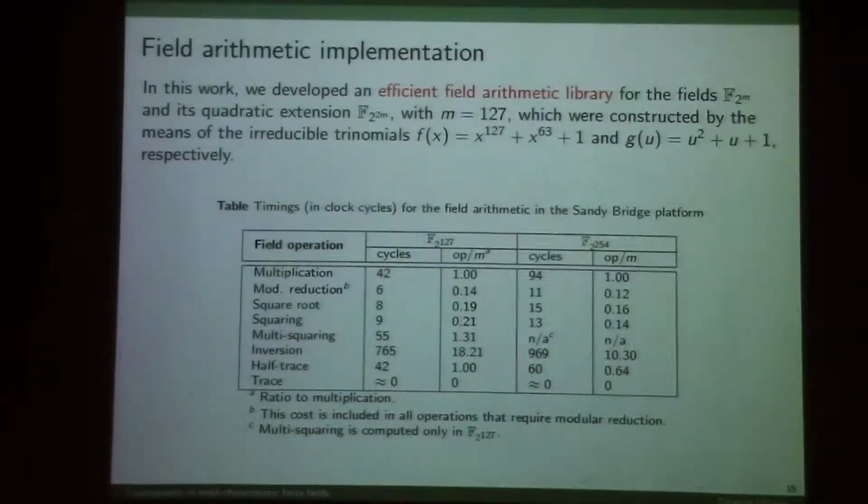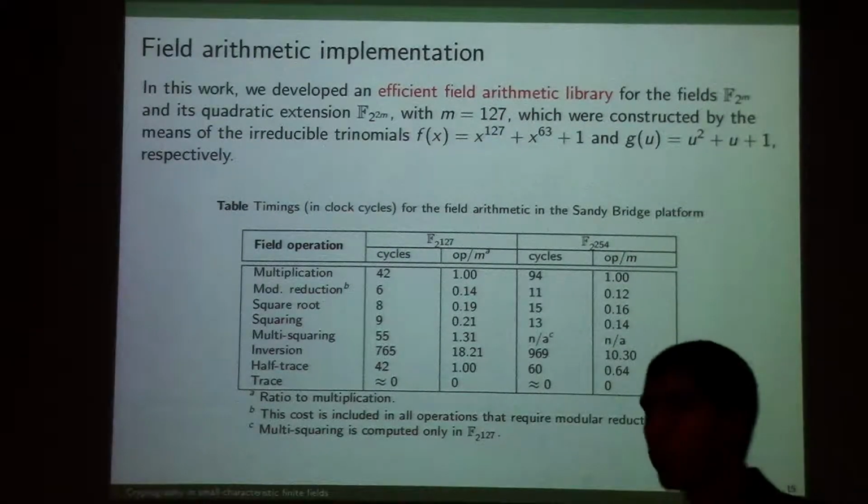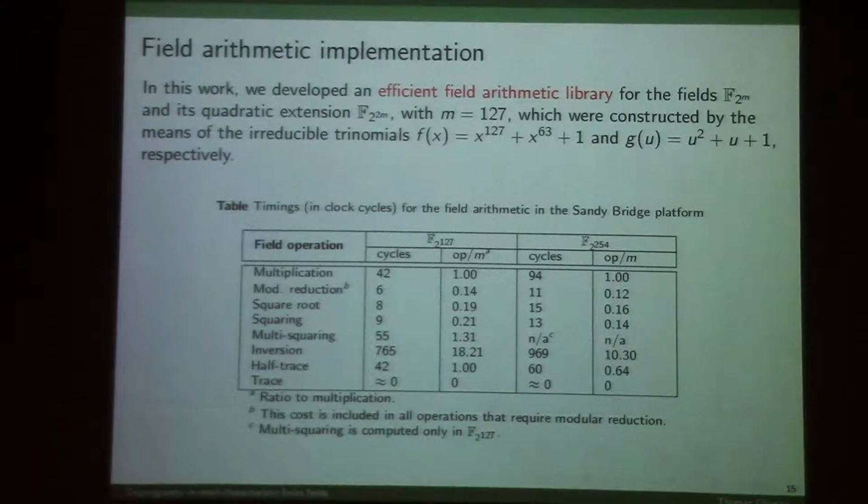And as a result, we had these timings. Note that here is the base field, and here is the arithmetic in the quadratic field. So we had 42 cycles for multiplication in the base field, and for multiplication in the quadratic field, we need 3 multiplications. But see that 94 is less than 3 times 42.